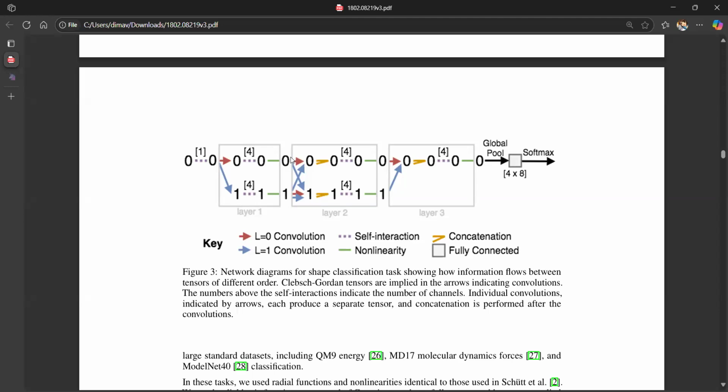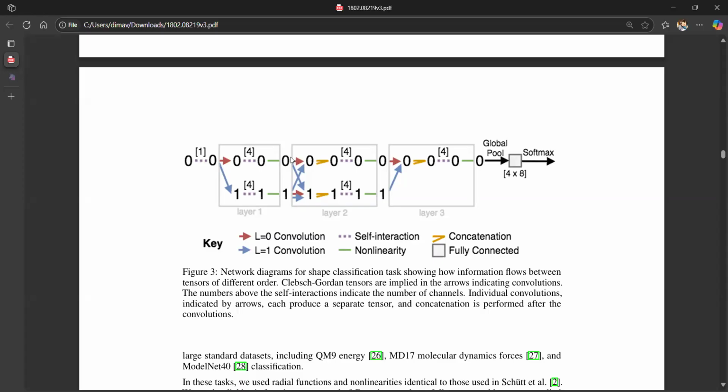That's guaranteed. But I think what they want to do here is not only evolve scalars through the network, but also higher rank tensors. And we don't need any complications to come up with one non-trivial higher rank tensor. It's a vector.